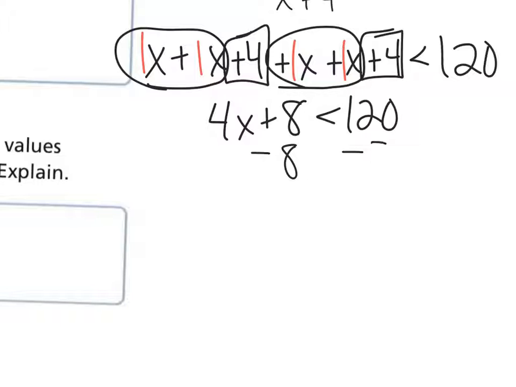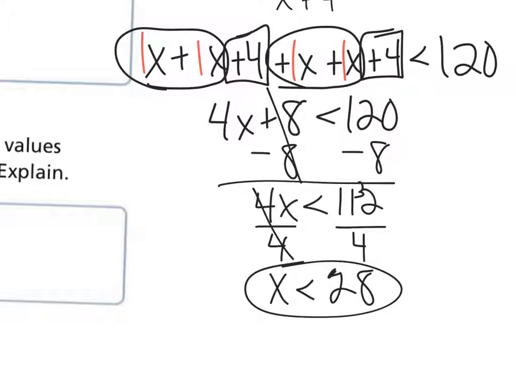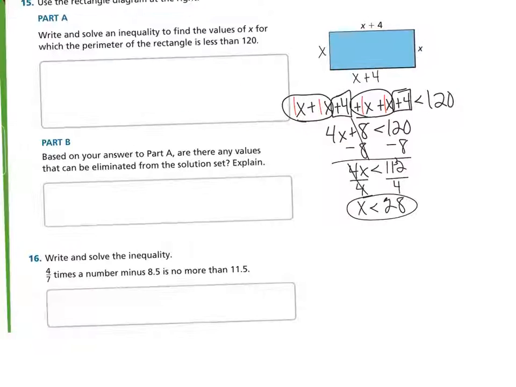They're adding so we can subtract 8. They're multiplying so we can divide by 4. So x is less than 28 would be our answer for part A.